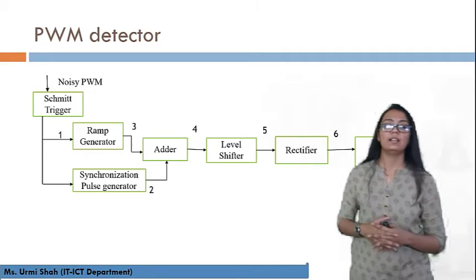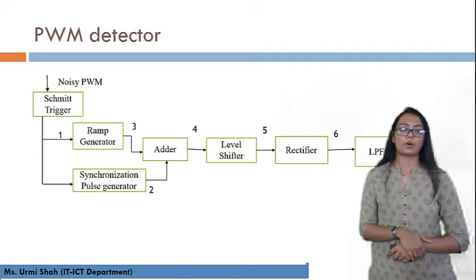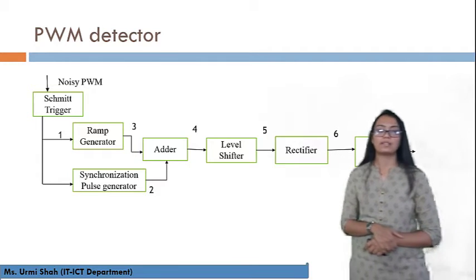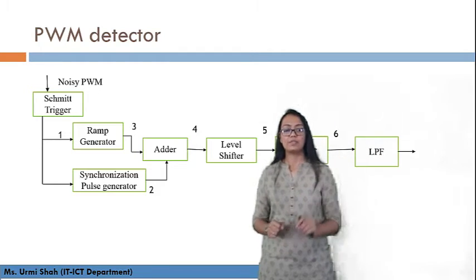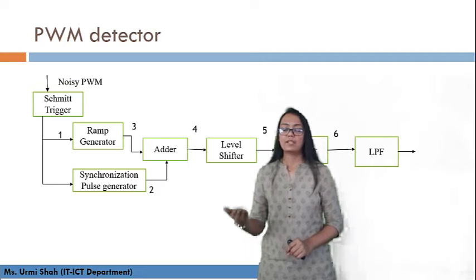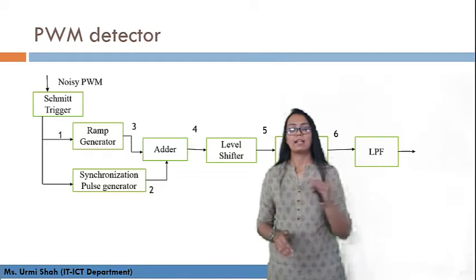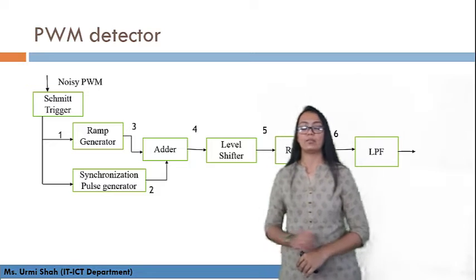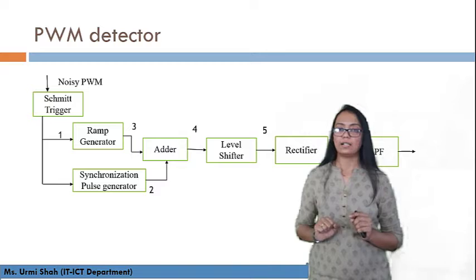So that will be done using the rectifier circuitry, and then it will be processed to our final block, that is our low pass filter. Now what will low pass filter do? Low pass filter will have the lower frequency content and it will block the high frequency content. It will only process the low frequency content.